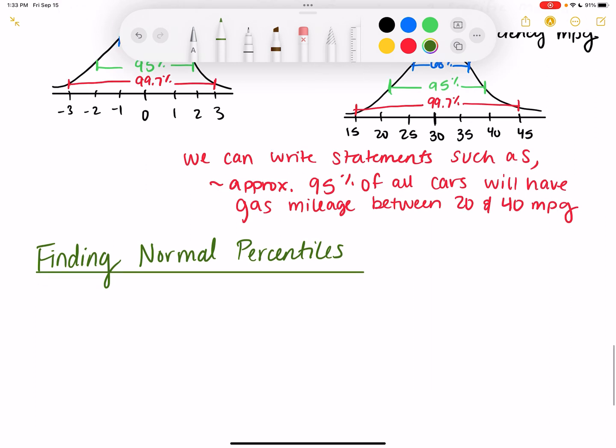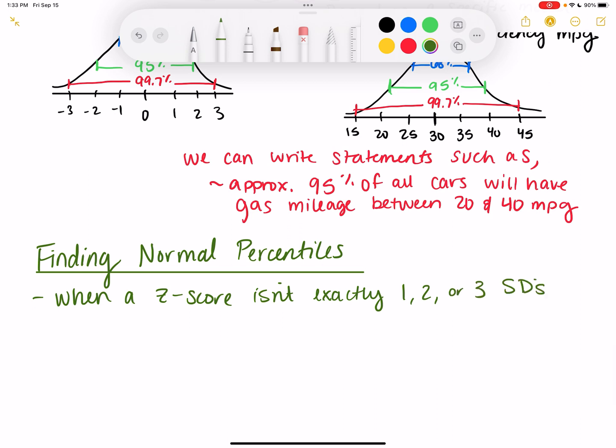Alright. I have amnesia. When a z-score isn't exactly 1, 2, or 3 standard deviations, we have to use a z-table.